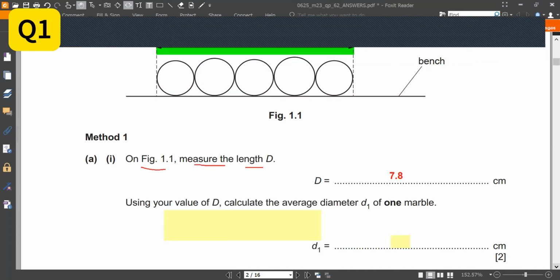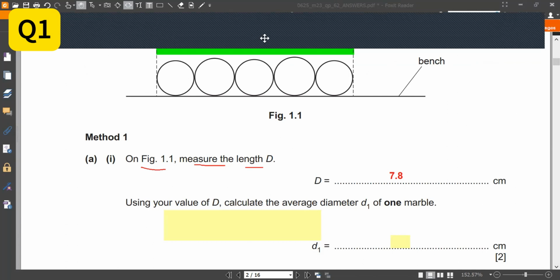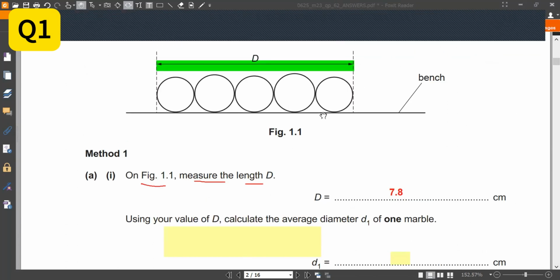Next question. Use your value of D, calculate the average diameter of one marble. So this part is also very straightforward. So we can see that the D that we are measuring is for 5 marbles. So we already know total 5 marbles is 7.8 cm.